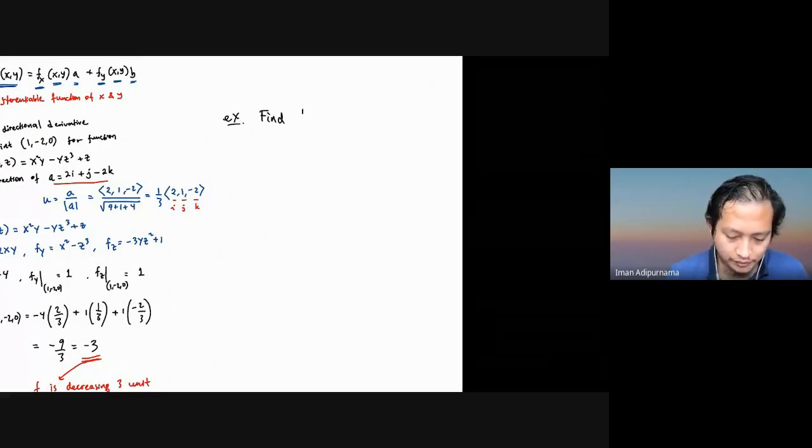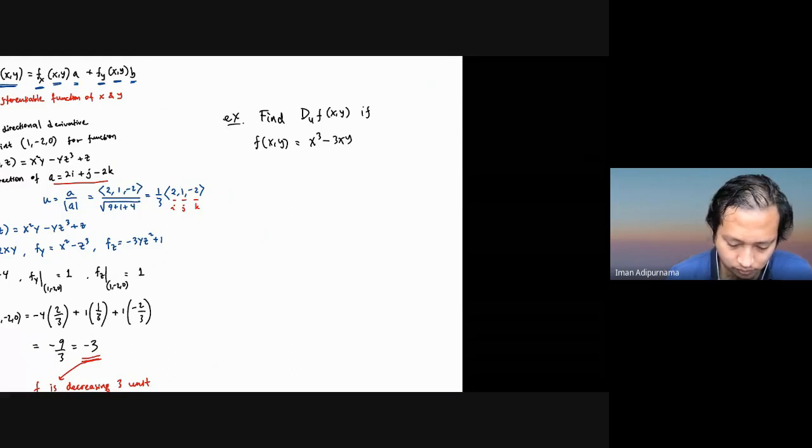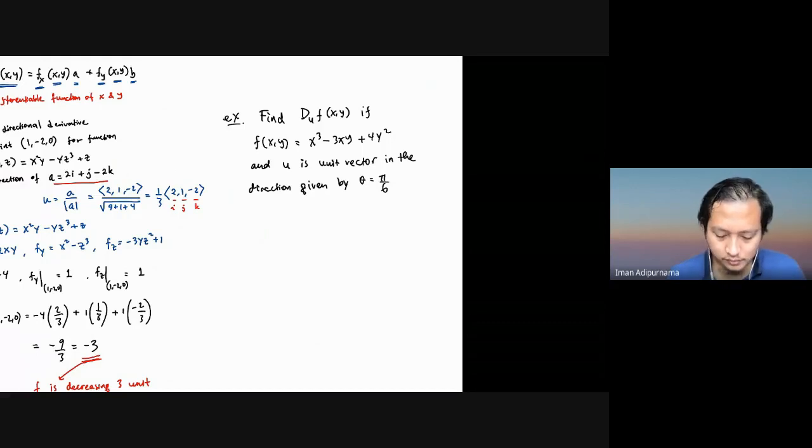Find D_u f, this means find the directional derivative of the function, and u is the unit vector in the direction given by this angle, measured from the positive x axis.